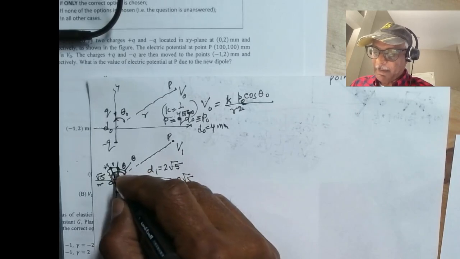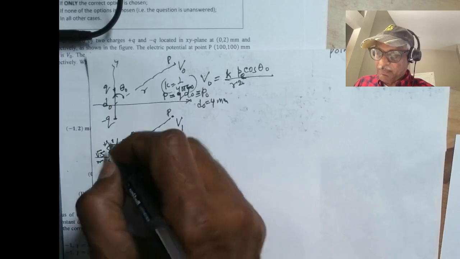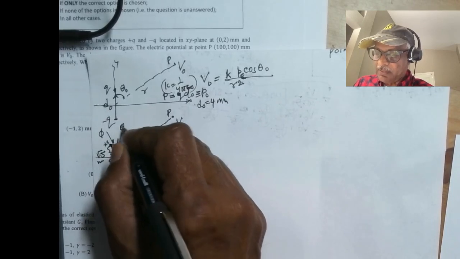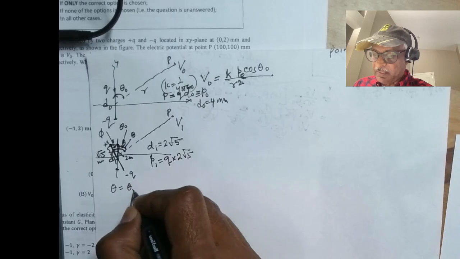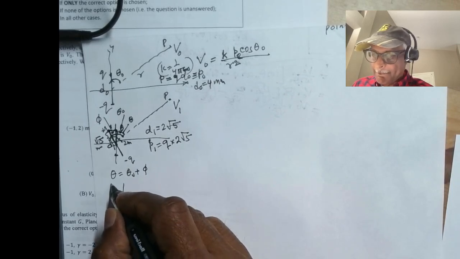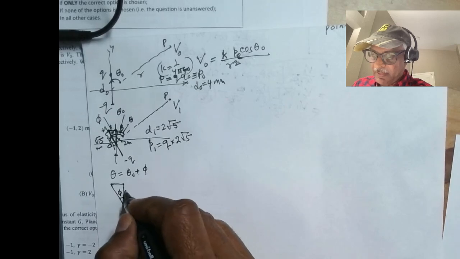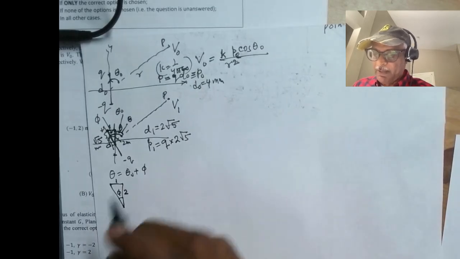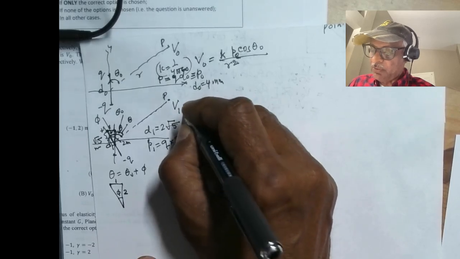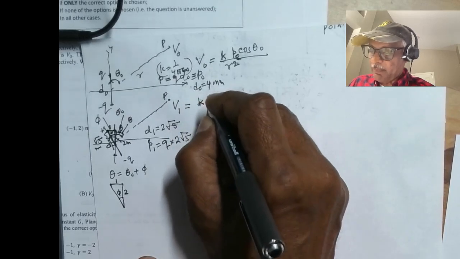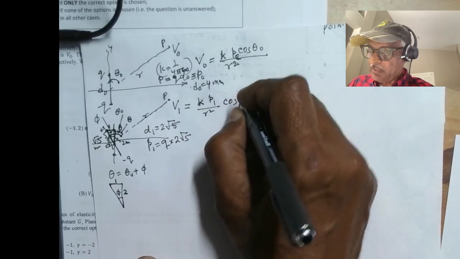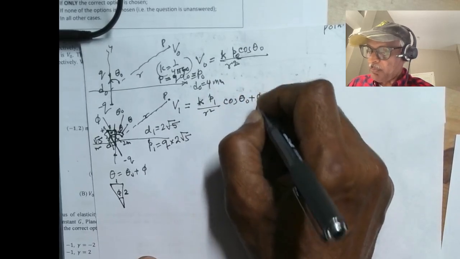And this theta, so if this angle down here is phi and this angle down here is theta 0, then theta is theta 0 plus phi. For phi, this is the phi, and this is 2 and this is 1. So let's write down here. V1 is going to be K P1 same R square cosine theta 0 plus phi.